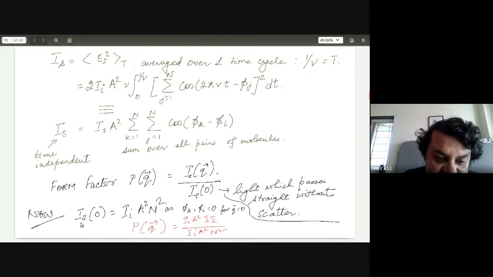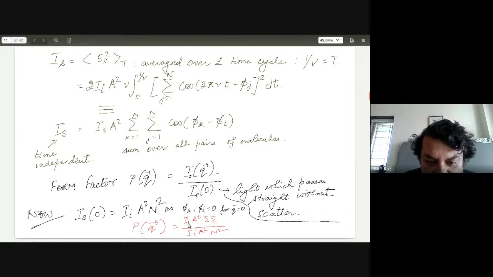Now, I_s0 in itself is dependent upon I, the incident intensity, into A square and number of scatterers square, right? But so is this, right? That this is also dependent upon number of scatterers, but that will come in later, right?